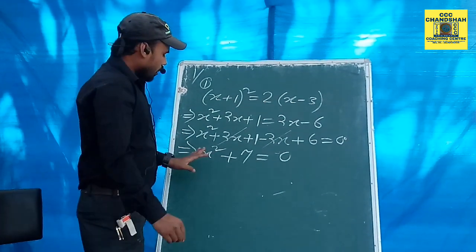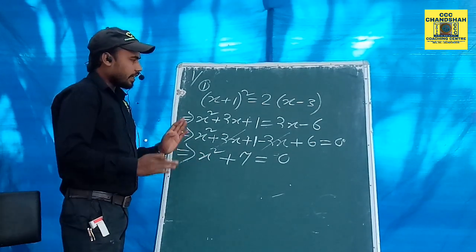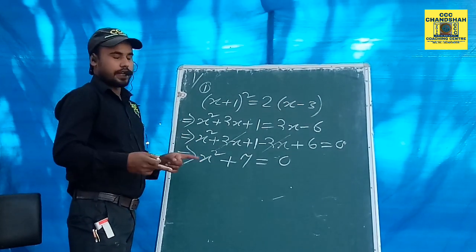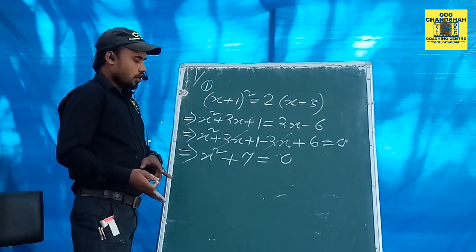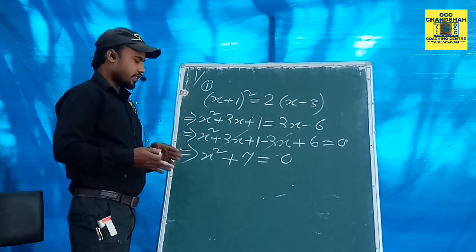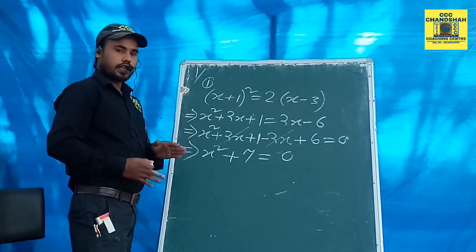Now we can see that it's in the form of x square plus bx plus c is equal to 0. So that's why we can say that it's a quadratic equation.